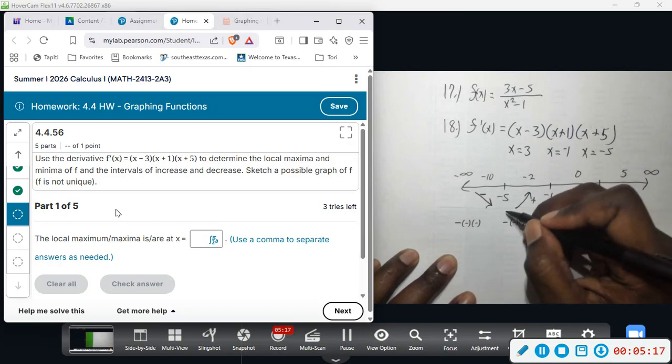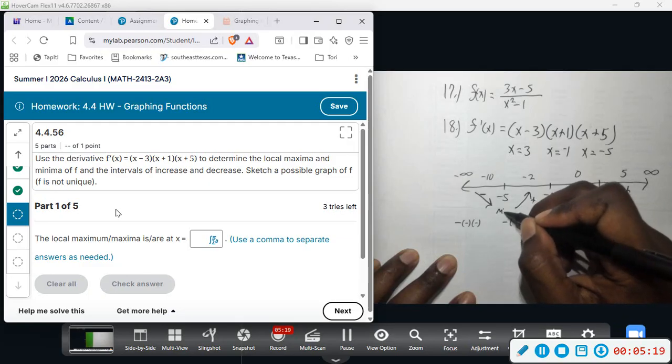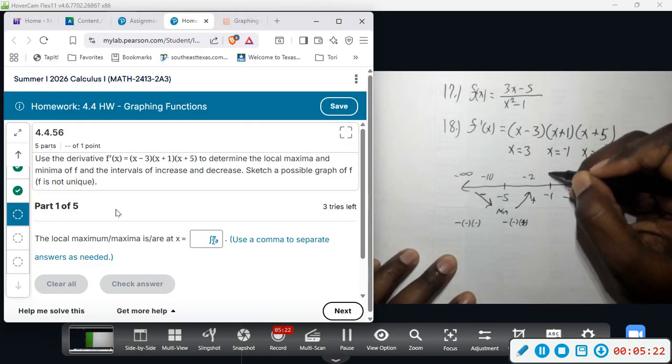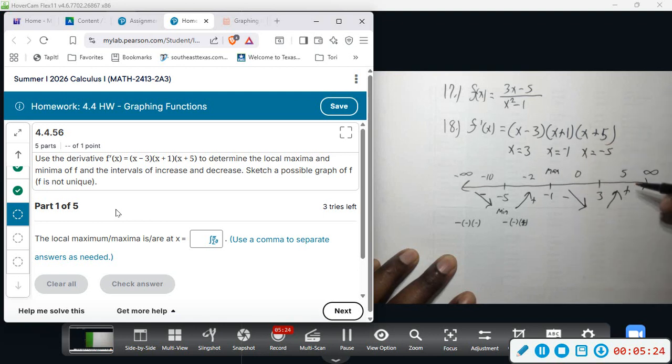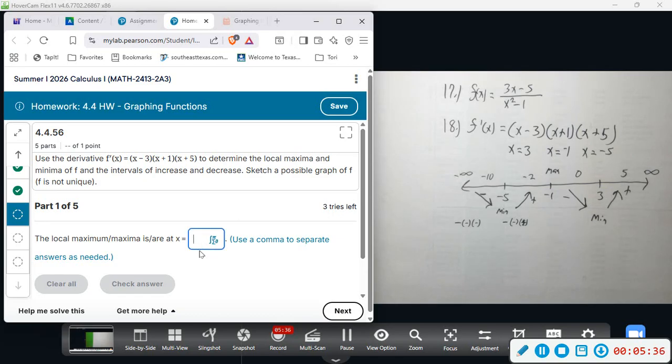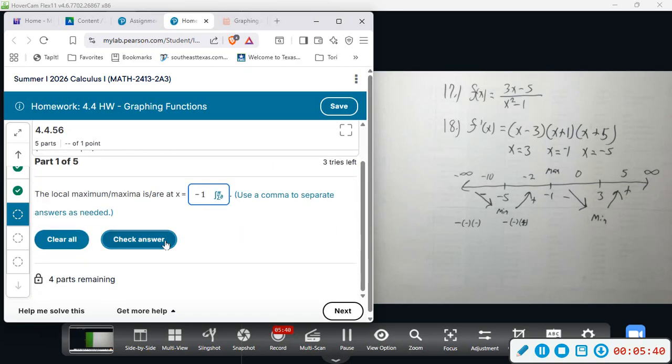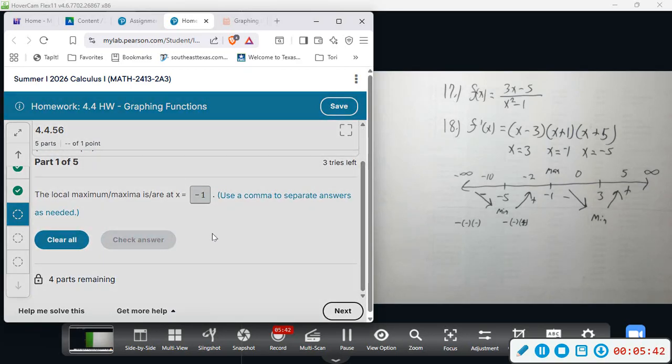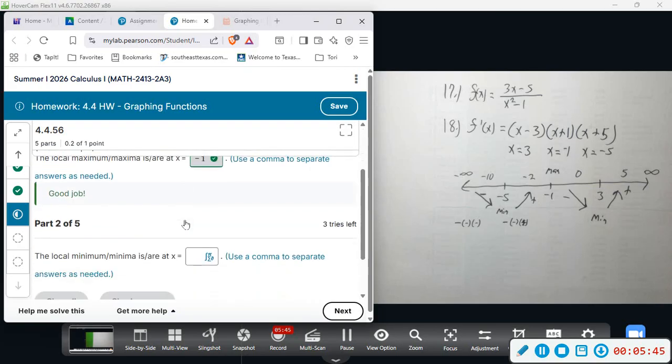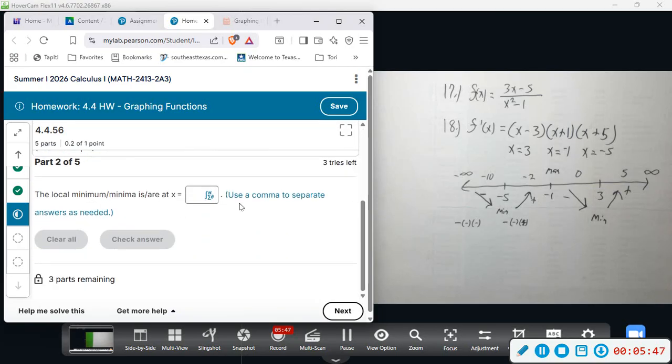So we have a min, a max, a min. Local max at x equals -1. Local minimums are -5 and 3.